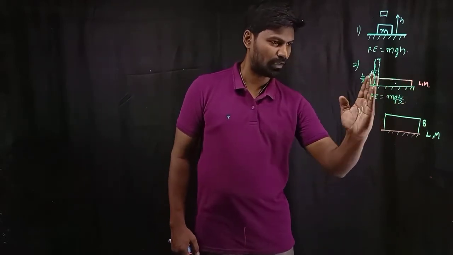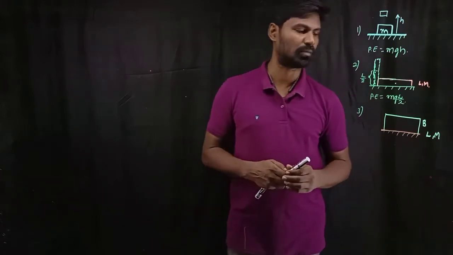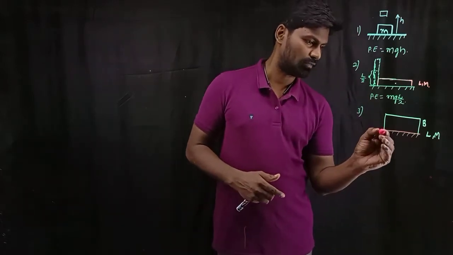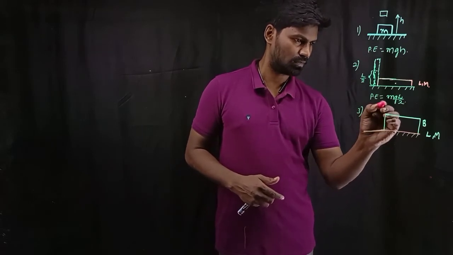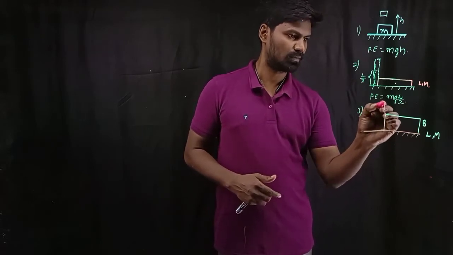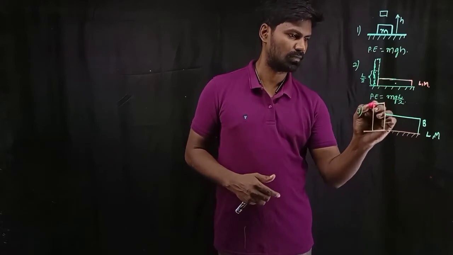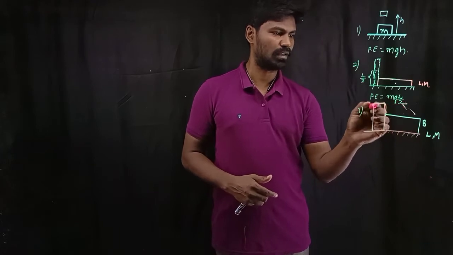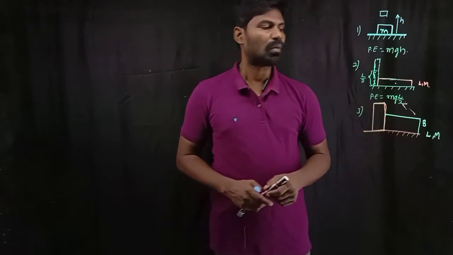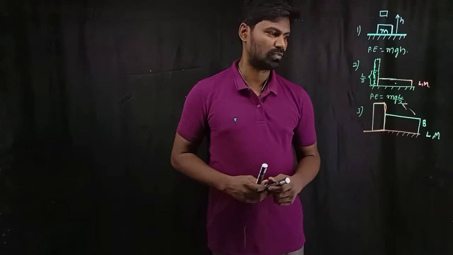In this case, I am lifting this up and putting it in a vertical position. Now it is in horizontal position, and I want to put it in vertical position like this. That means I am rotating it and putting it in this configuration. Now what is the gravitational potential energy associated?